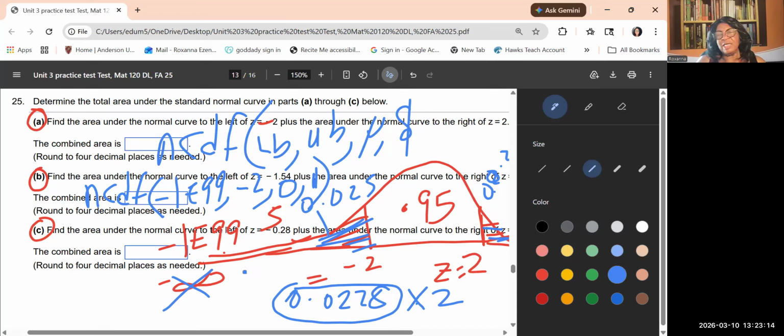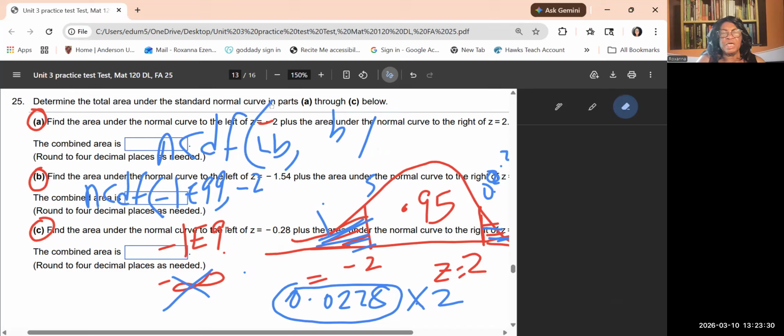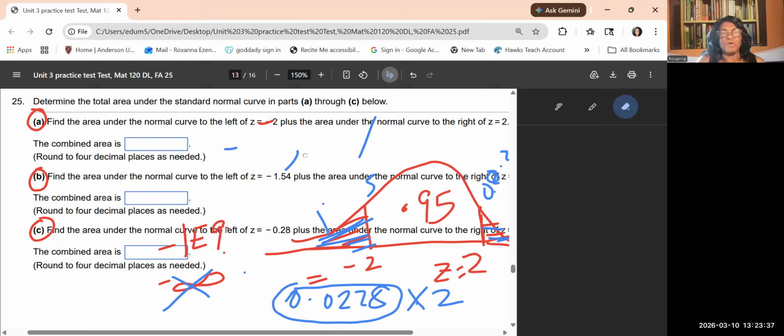Okay, so now we have done question number 25A. Let's go ahead and do question number 25B. This is normal distribution. So we did normal distribution, part A of number 25.